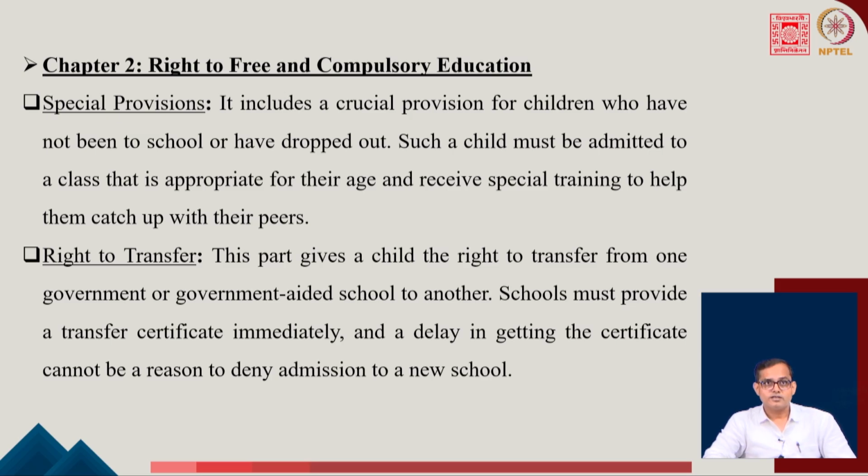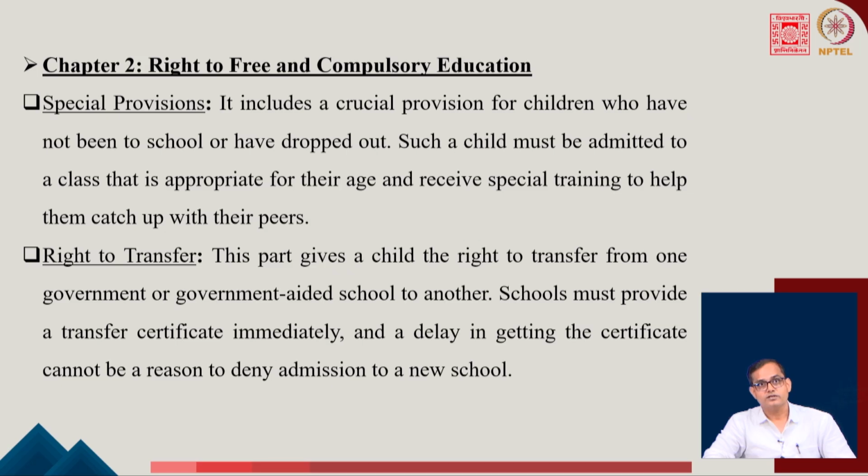There are some special provisions under the chapter. It includes a crucial provision for children who have not been to school or have dropped out. Such a child must be admitted to a class that is appropriate for his or her age and receive special training to help them catch up with their peers.